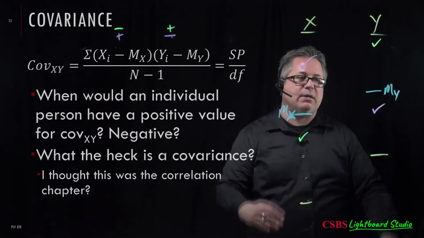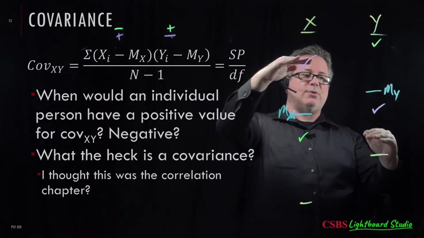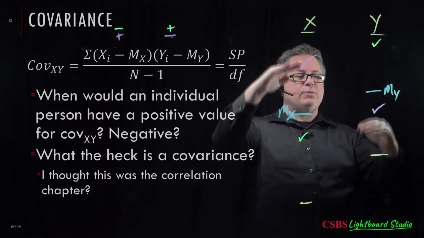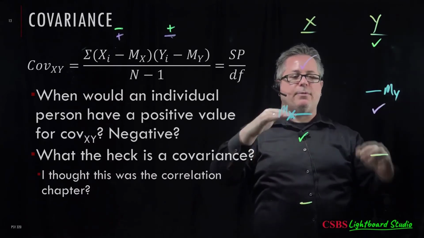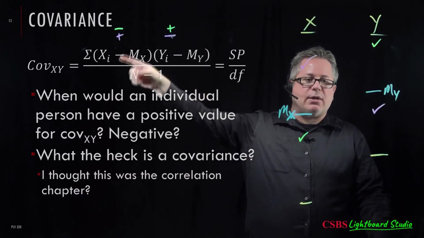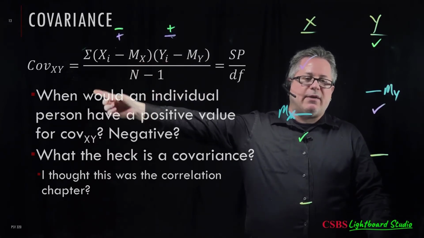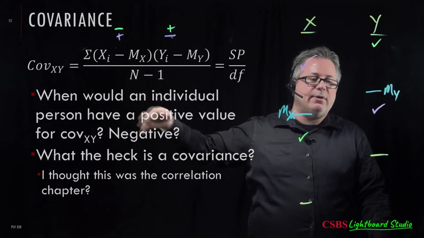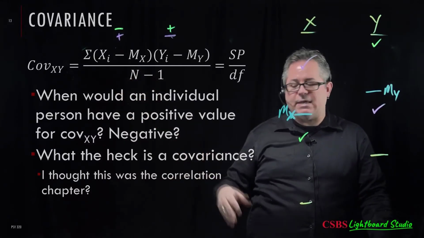And it tells us that high scores on one go with low scores on the other, low scores on one go with high scores on the other. All right, so it's all relative to the mean and where you are. And looking at an average product across all people, if the average tends to be positive, it's more of a direct relationship. If the average tends to be negative, it's more of an inverse or negative relationship.